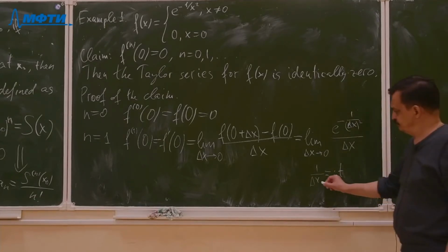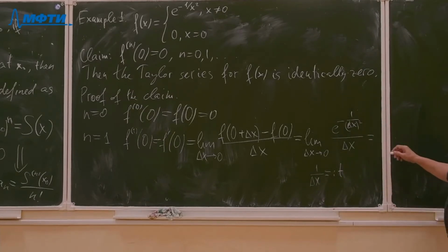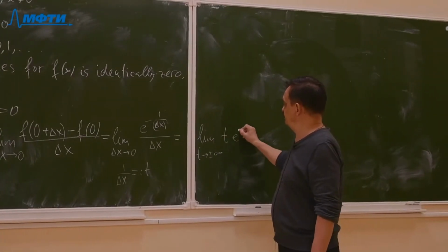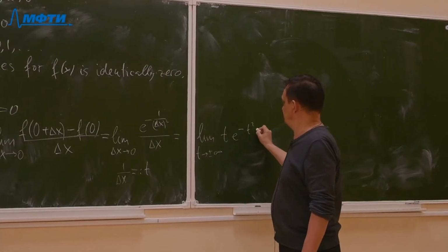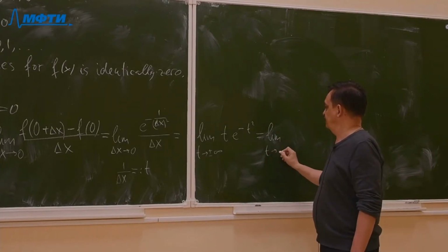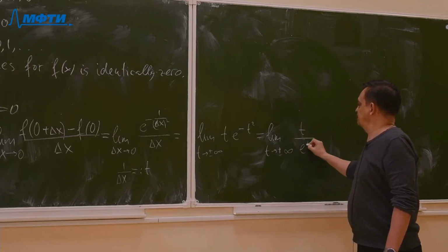Then t tends to plus or minus infinity. So we have limits simultaneously as t tends to plus or minus infinity. Both infinities should be considered simultaneously, and we have t times e to the power minus t squared. And then I can rewrite it like that.